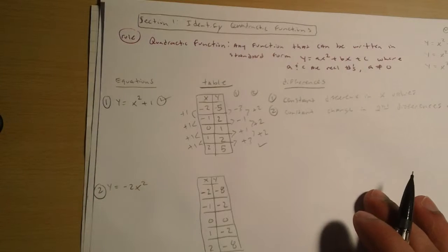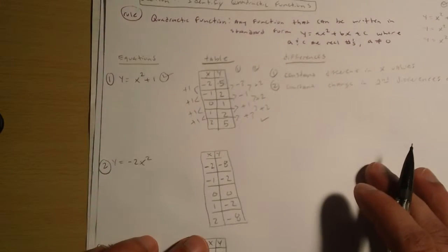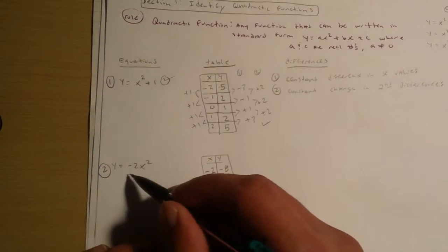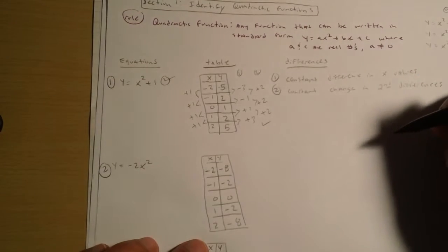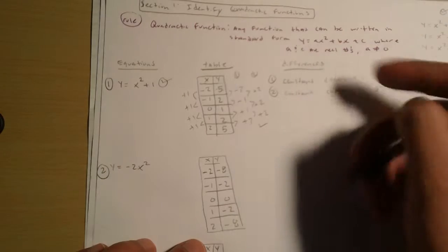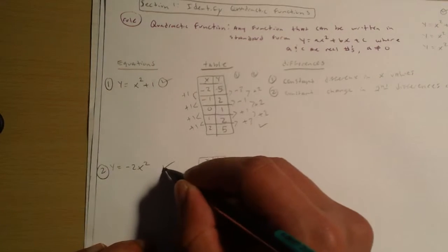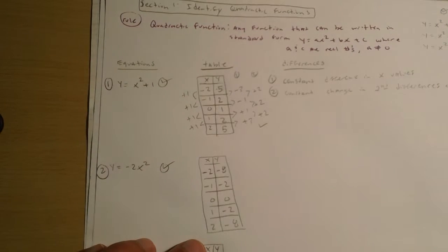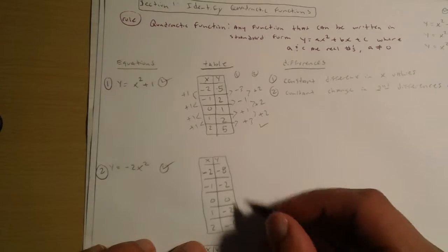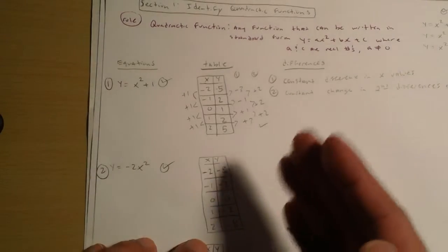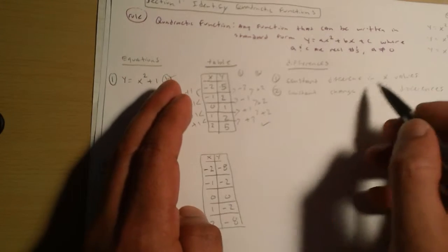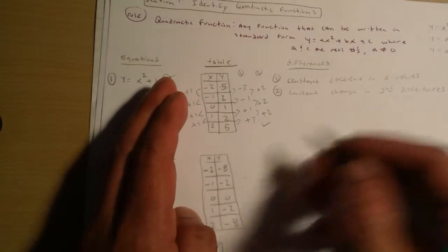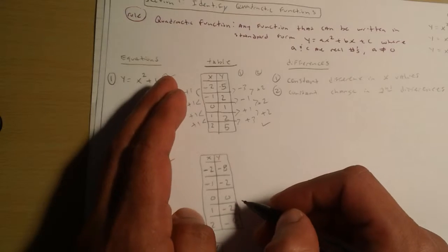Okay, now let's do this one. We have y equals negative 2x squared. A is not 0, so it's a quadratic function. Now we can start checking our table values just to double check. If you're just given a table, you should find the difference in x values and the second difference of y values to identify whether the table is a quadratic function.